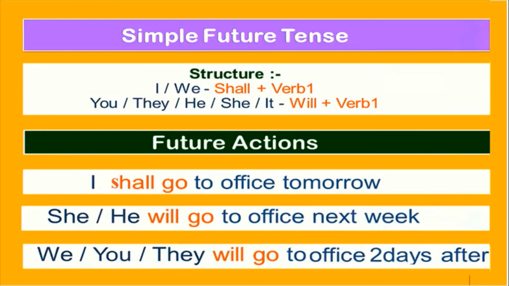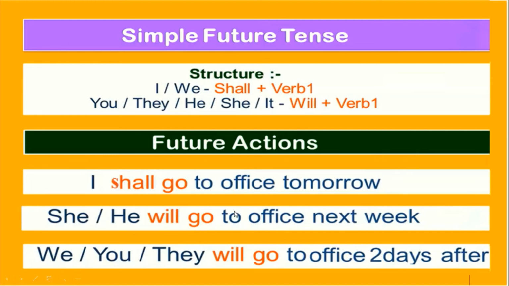We shouldn't add anything to the verb: s, es, ies, or d, ed, ied. We should keep it in the base form. For you, they, he, she, or it, any subject, we should add will before the verb, plus verb 1. I repeat, verb 1 means the base form of the verb.